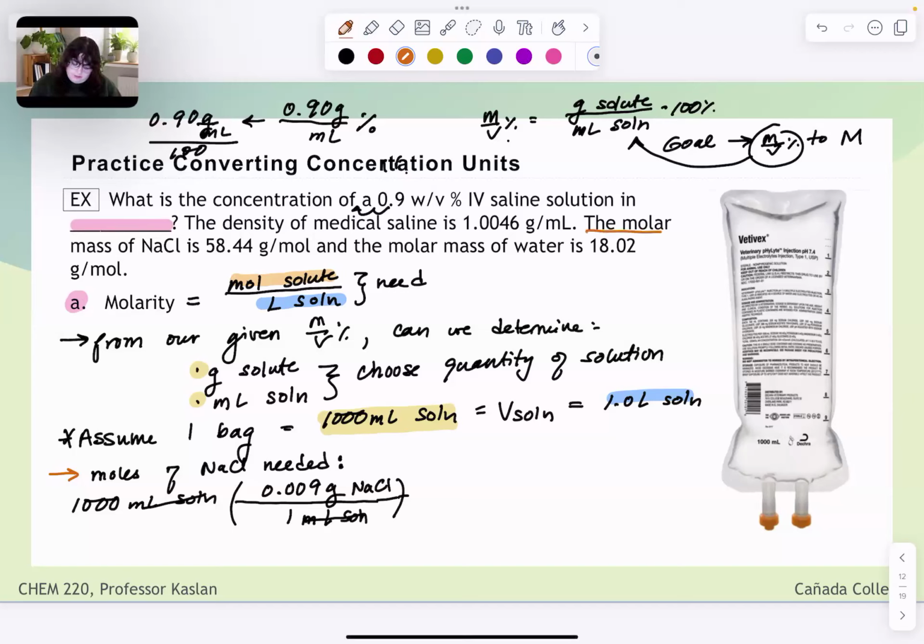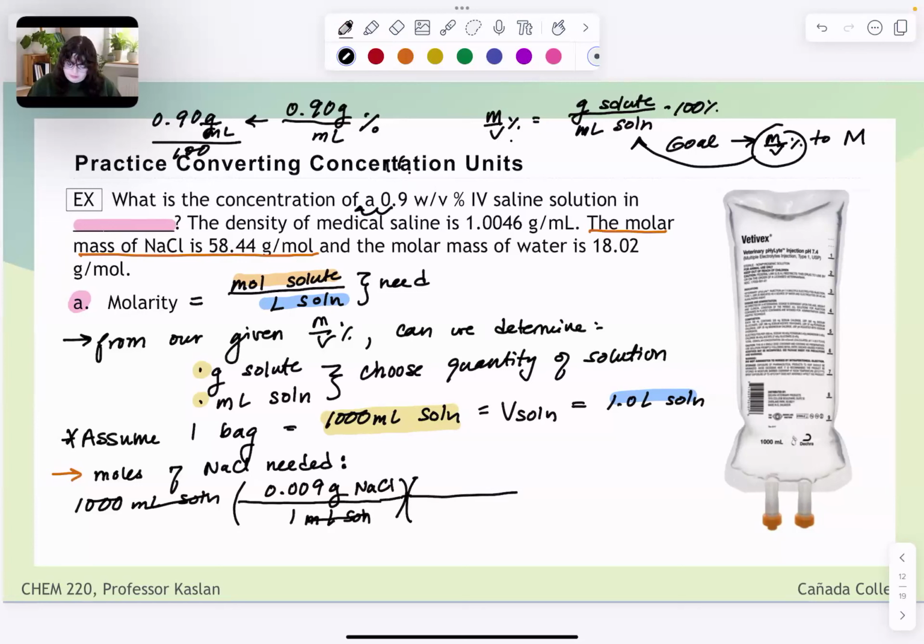So I need to look for information that allows me to convert my mass of sodium chloride into moles of sodium chloride. And if you look here in the problem, the molar mass of sodium chloride is 58.44 grams per mole. So I want to be left with moles of sodium chloride, and the molar mass says that 1 mole of sodium chloride weighs 58.44 grams.